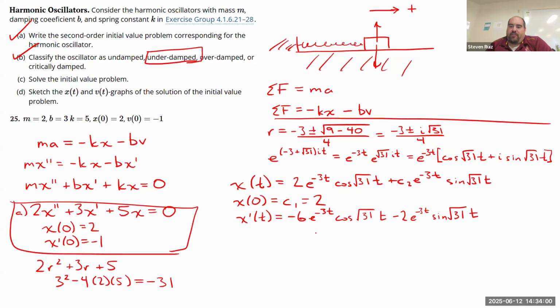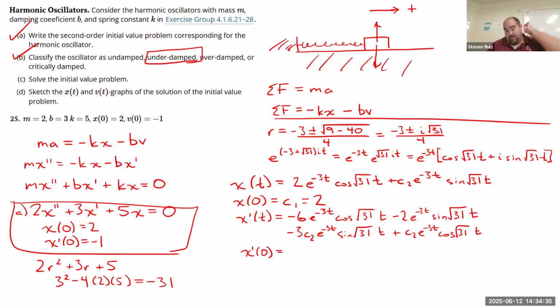I'll go to a new line to handle the other part. Minus 3 c2 e to the negative 3t sine radical 31t plus c2 e to the negative 3t cosine radical 31t.